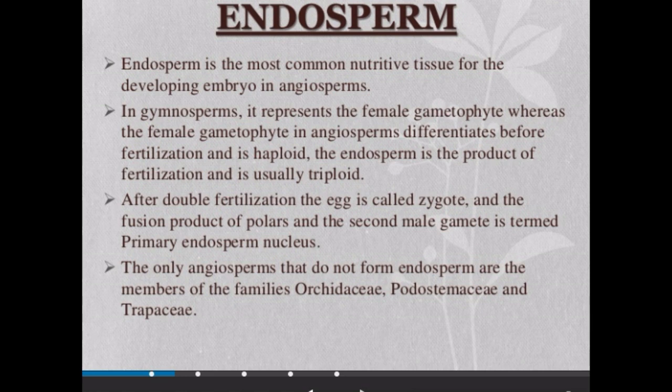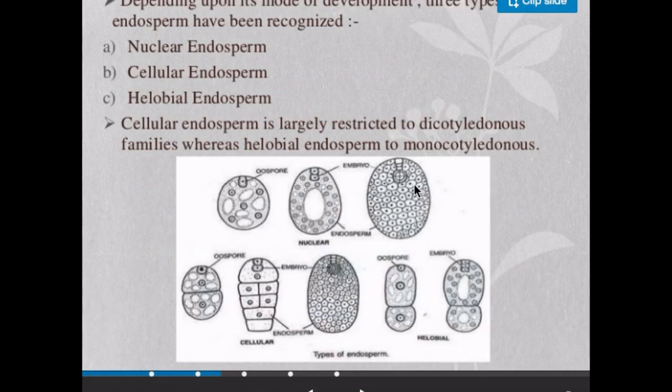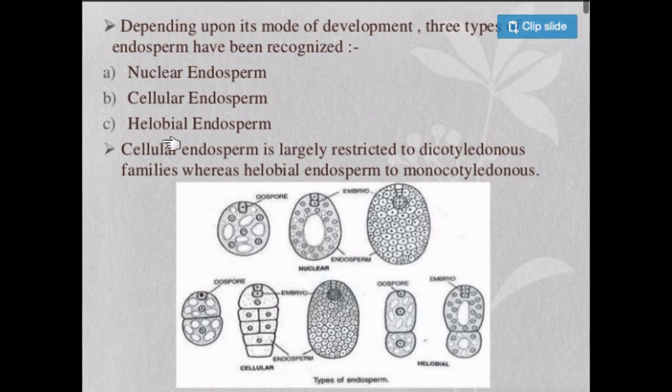After the fusion of the primary endosperm nucleus, it will divide, and you will get a mass of cells, which is the endosperm.